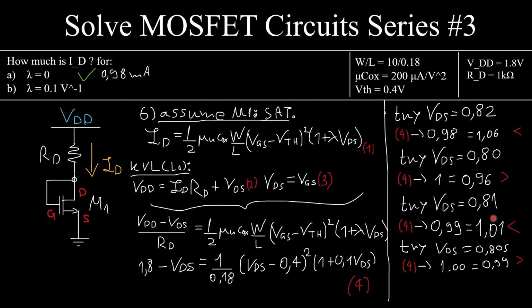All right, I test a value in between, 0.805. This methodology is similar to divide and conquer, if you know from algorithmic theory. Anyway, the left side now is about 1, the right side is 0.99. As you see, we get closer and closer with each iteration, which is good.